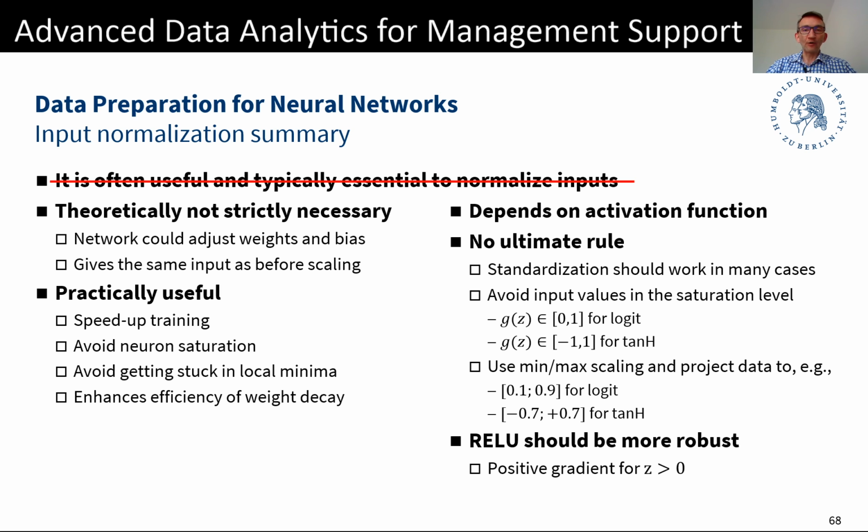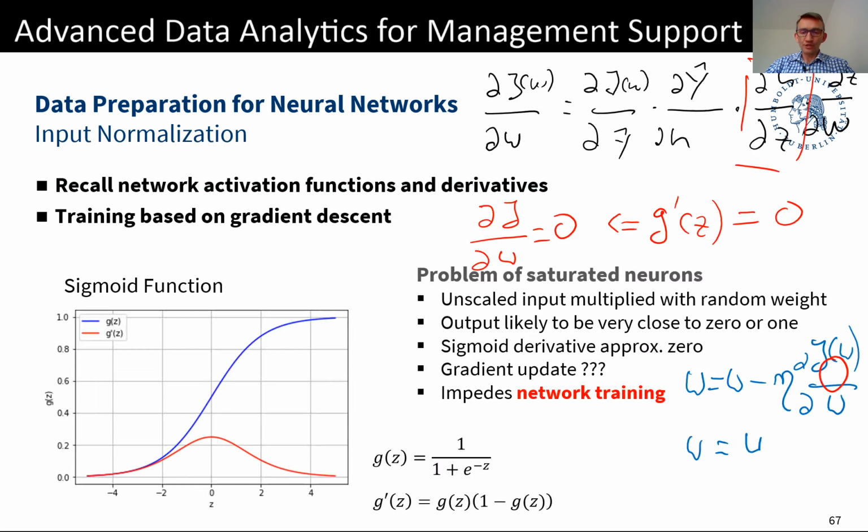And you have seen how an output value of 1 comes quite easily if your input to the sigmoid is something that is 4, or even with an input of 3, you're almost there. If you input 3 to the sigmoid, you are almost at 1. So you very soon run into the saturation level of your activation function with the sigmoid.